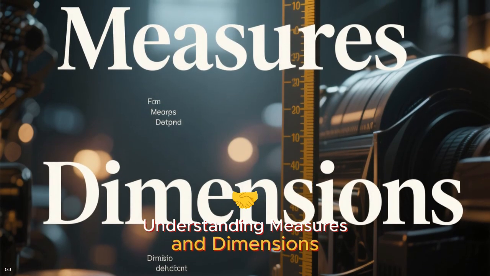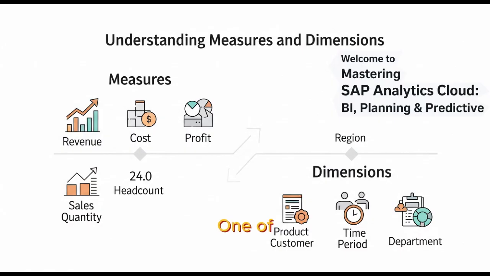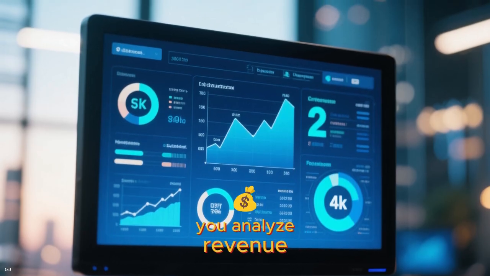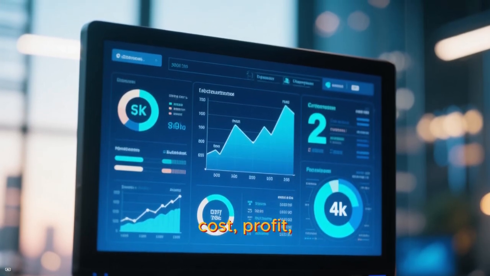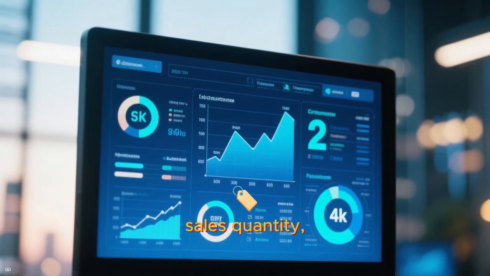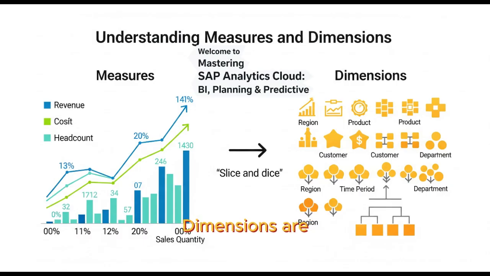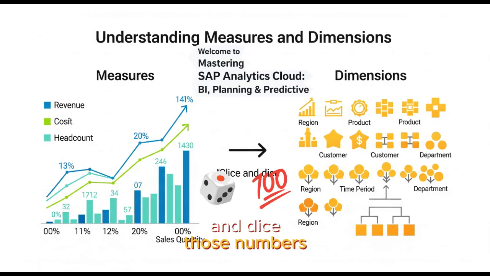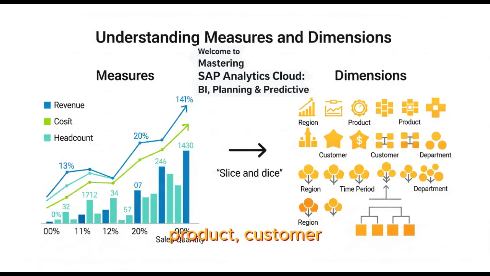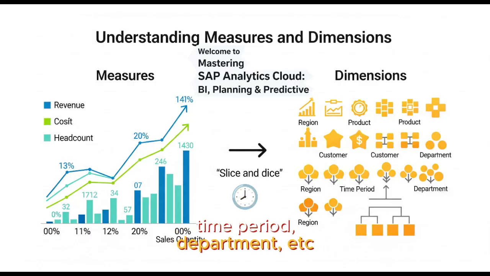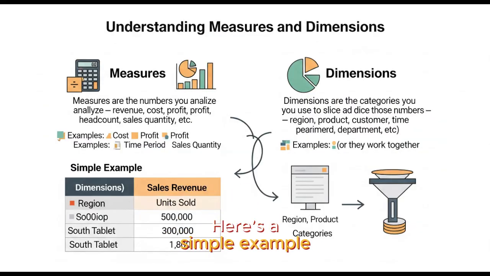Understanding measures and dimensions. One of the most useful things you can do before starting is to become comfortable with two basic concepts: measures and dimensions. Measures are the numbers you analyze: revenue, cost, profit, headcount, sales quantity, etc. Dimensions are the categories you use to slice and dice those numbers: region, product, customer, time period, department, etc. Here's a simple example.